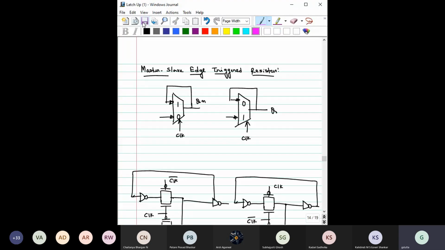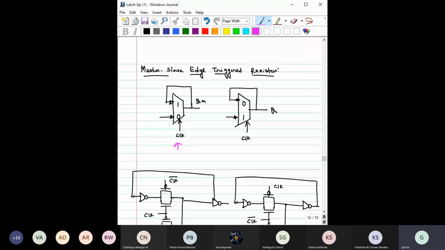So whatever we have learned so far, can we think of doing something so that using two latches we can make an edge triggered circuit, meaning an edge triggered memory element? That is the question. So for example, what is this first circuit? This is a latch. Negative or positive?